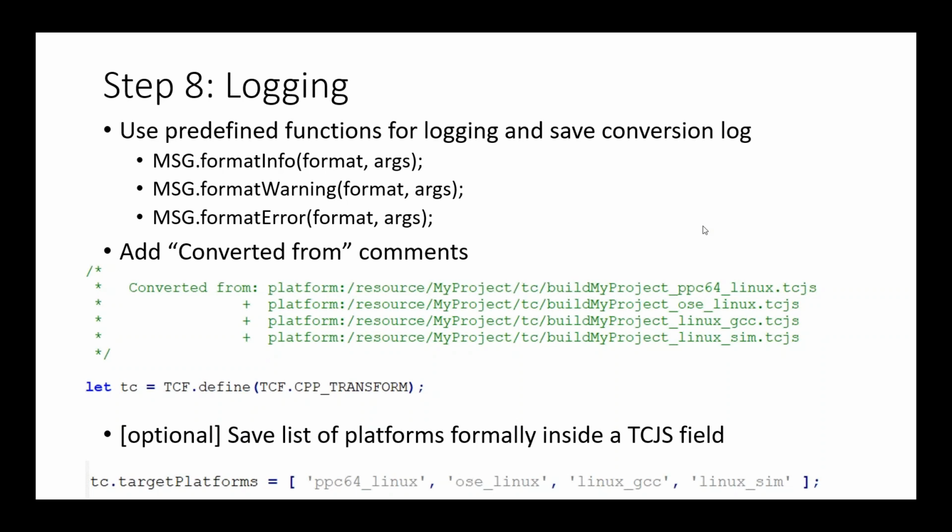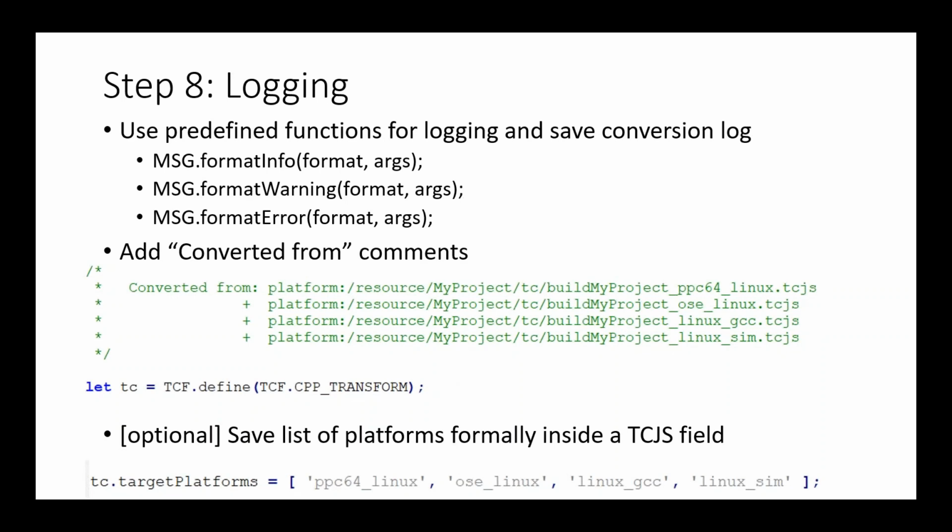And one more step which is needed is implementation of good logging. So during this conversion by the scripts, you are actually making quite many decisions, and we are finding inconsistencies, we are finding user mistakes in the TCs, and you need to implement very good logging.